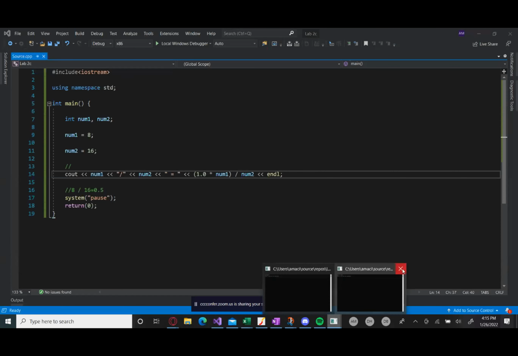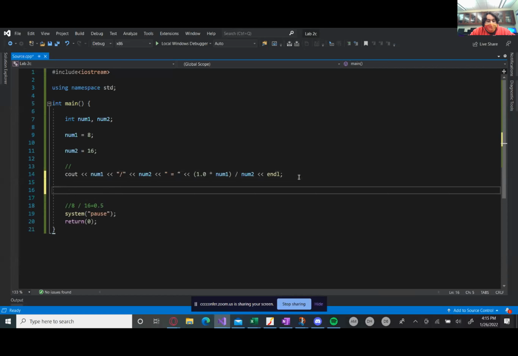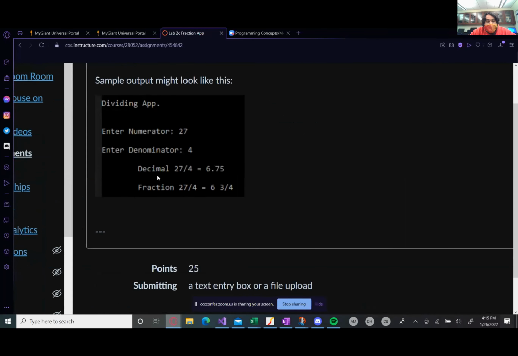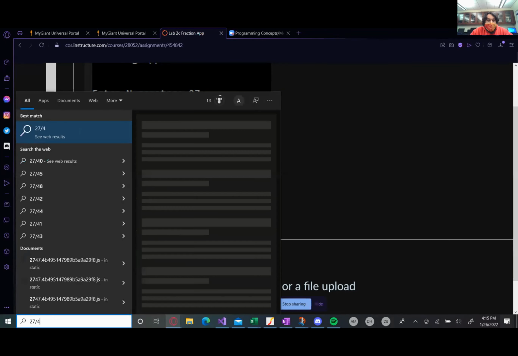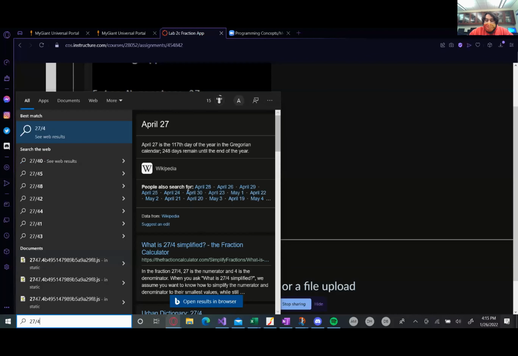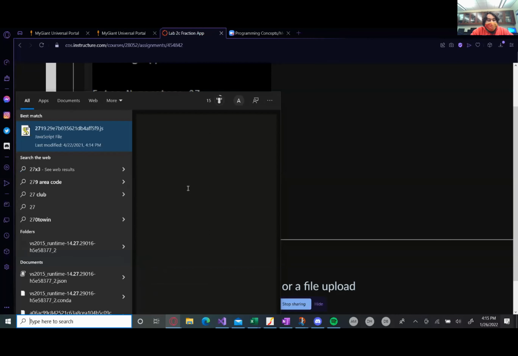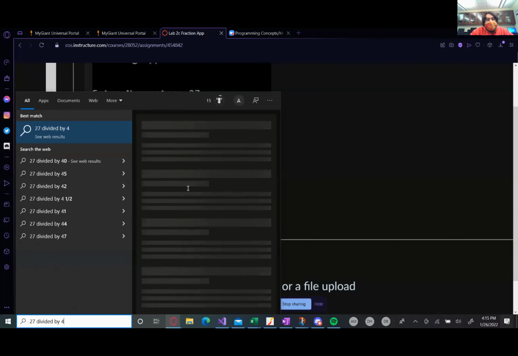Let me close this real quick. Okay. So let's go to the example that's on Canvas real quick. So we have the fraction 27 over 4 is equal to 6 3/4, right? If we put this into a calculator, we do our 27 divided by 4 equals.